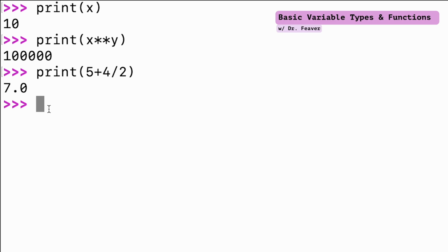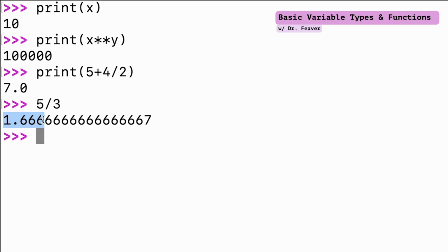The reason for that is that if I do division, so 5 divided by 3, for example, 5 and 3 are both integer types, but when I do division, we often end up needing a float type, because a lot of the times, unless it goes in evenly, we're going to get a decimal. So 5 divided by 3 is 1.6 repeating. So division will take two integer types and it'll convert the result to a float type.